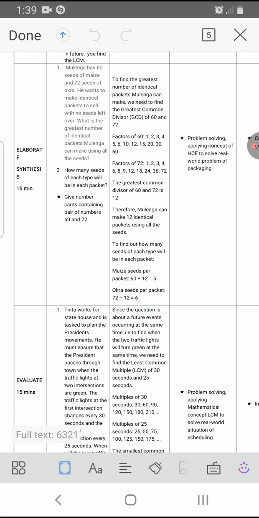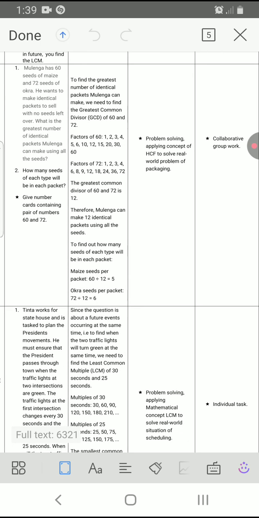We had 72 okra seeds divided by 12, gives us 6 seeds of okra in each packet. That is 6 plus 5, giving one packet containing 11 seeds.